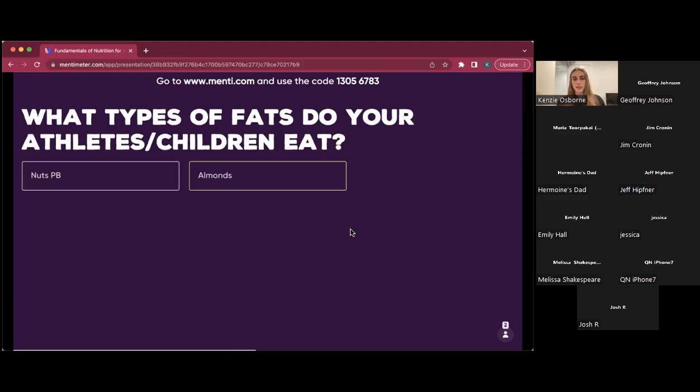And fats can be an easier way to help you reach those calorie goals or those energy goals, especially for athletes, and even more especially for young athletes who need a lot of calories in a day to maintain and replenish the amount of energy they are expending in a day.